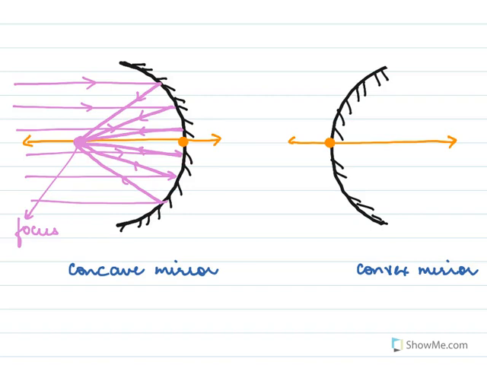And the focal length is the length between the pole and the focus. But now while measuring the length, we are going towards the left. This is the focal length, PF is the focal length. It's to the left of the pole. So in concave, focal length is negative.